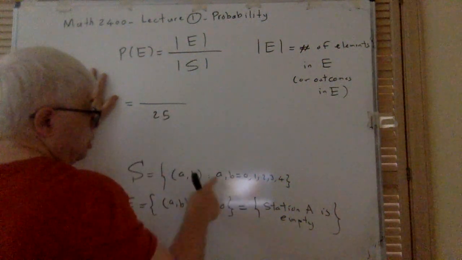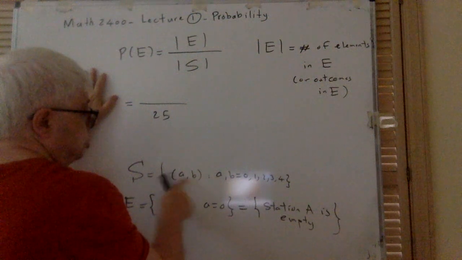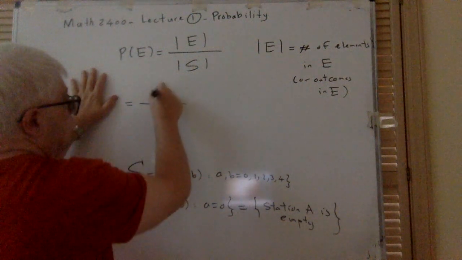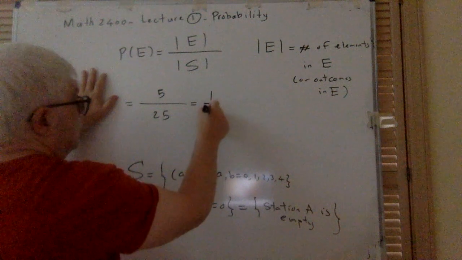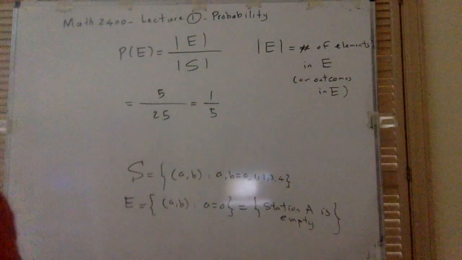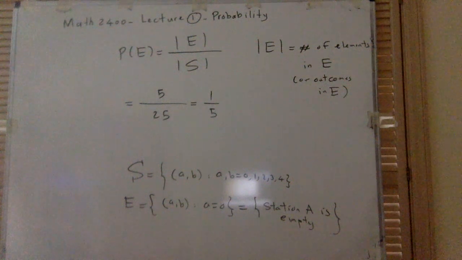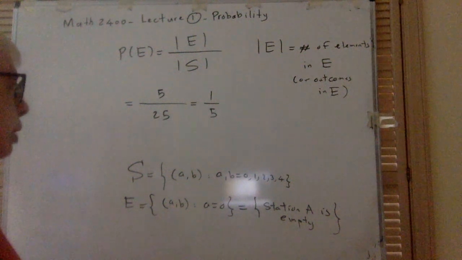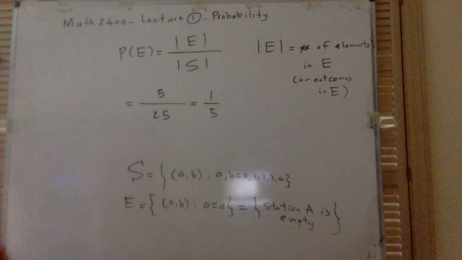This one, the first one is 0. So I have 0, 1, 0, 2, 0, 3, up to 0, 5. This is 5. So 1/5. So with the probability of 20%, right?